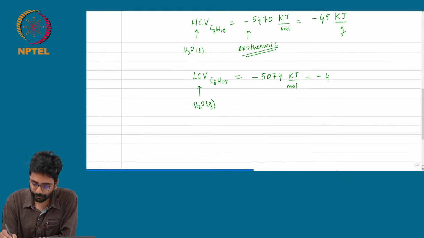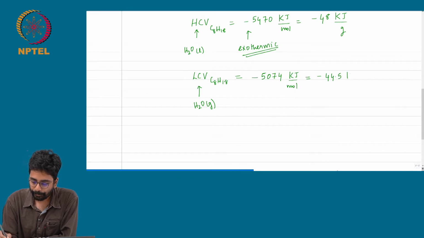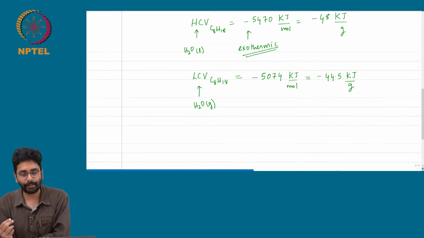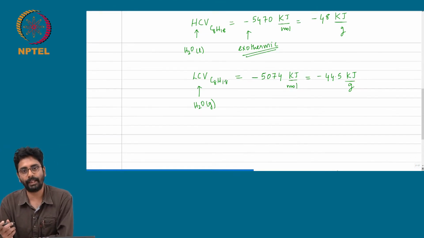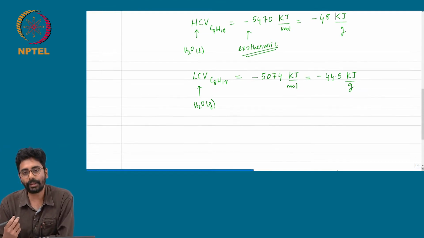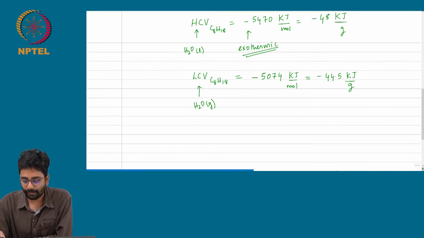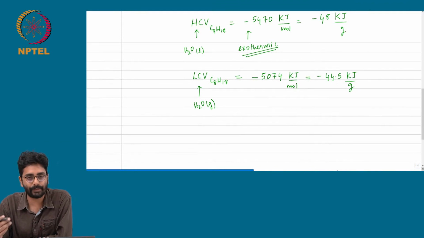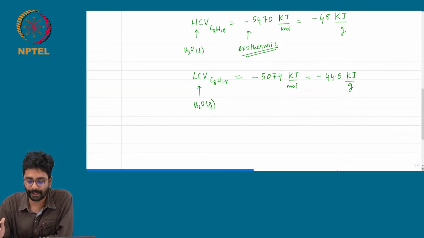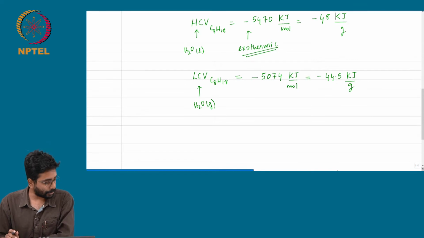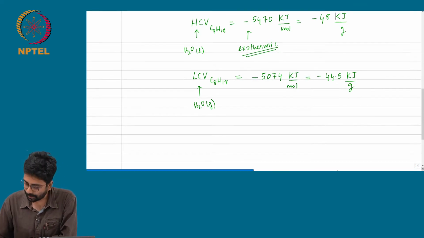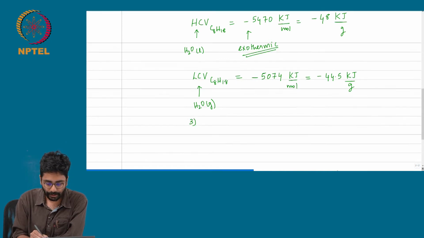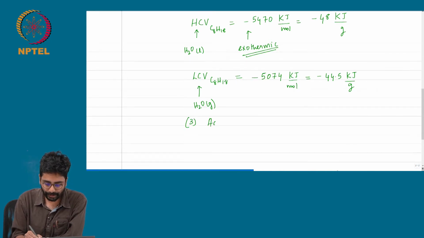This will give you negative 44.5 kilojoules per gram. This is the lower calorific value and the relevant number for the enthalpy of combustion of octane, and this is another feature of all hydrocarbon fuels. On a mass basis, more or less all the hydrocarbons have the same calorific value of about between 45 and 50 kilojoules per gram.